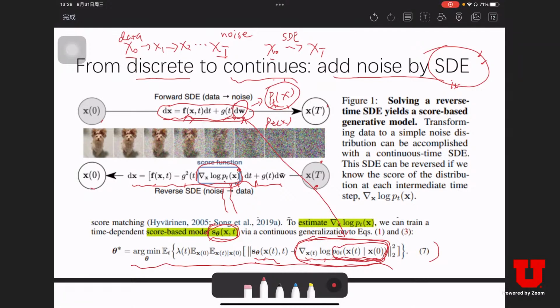Yeah. It's based on random samples, or the paths of the SDE samples. This log function is based on the expectation over xt given x0. So the expectation just means you take a series of sample paths from your current SDE.